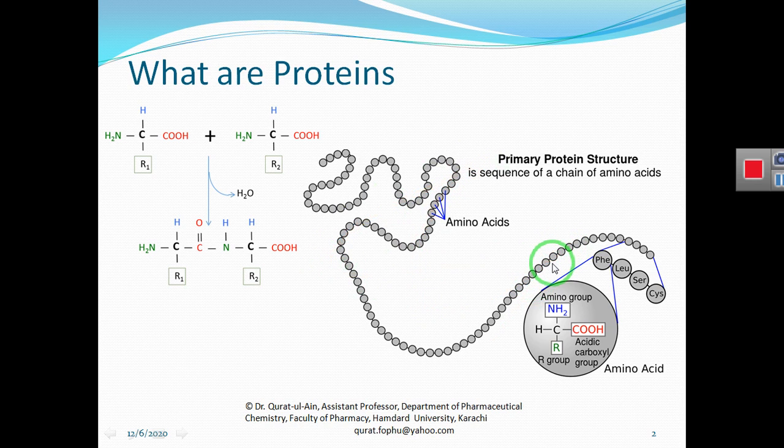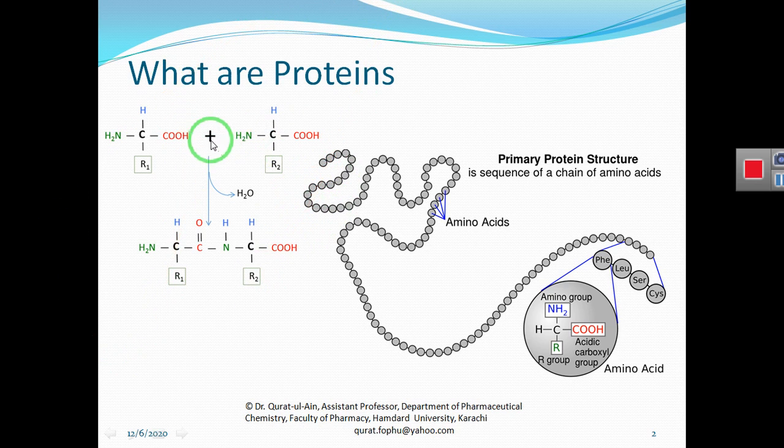Many different polypeptide chains collect with each other and form secondary and tertiary structures and then the quaternary structure of protein. And how do these amino acids join and form a polypeptide chain?